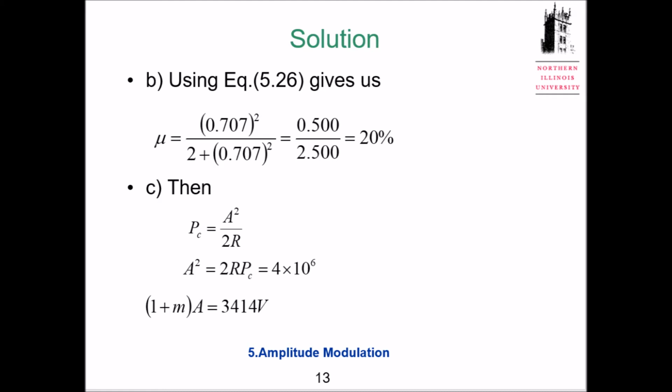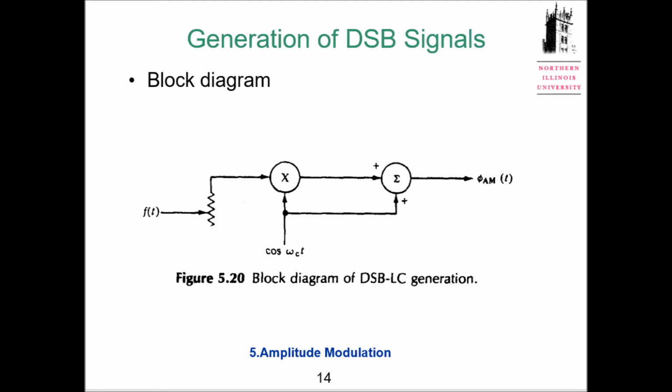So now we talk about new stuff. We're going to discuss how we can generate and how we can demodulate double sideband signals. Then we talk about multiplication. If you have any problems, just let me know. This is the block diagram. How can we generate double sideband large carrier?